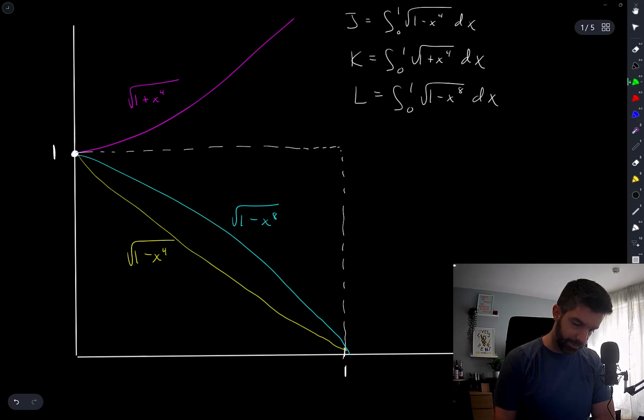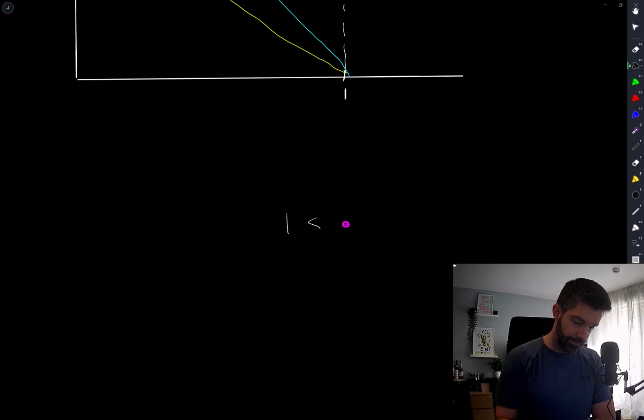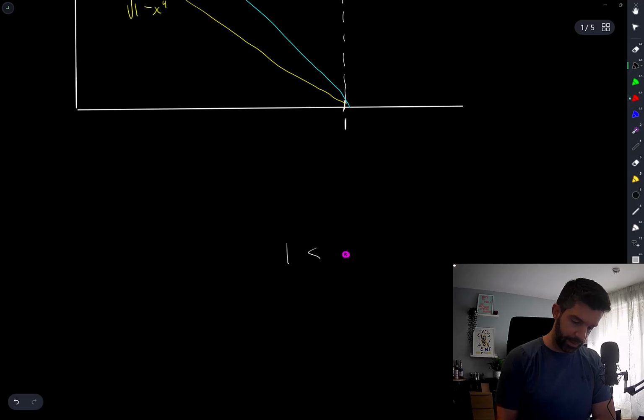So what does this say? Let me label these with colors. I clearly have that this one is the largest, which is greater than 1. And then I have that one, and then that one. Okay, now let's translate this back into letters.